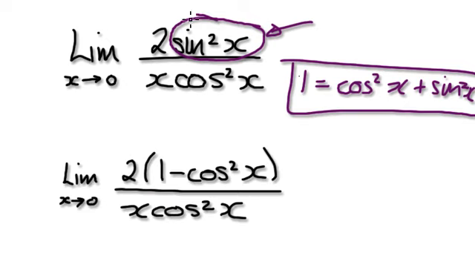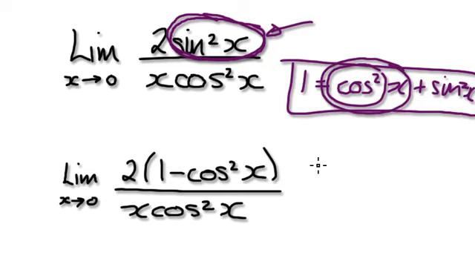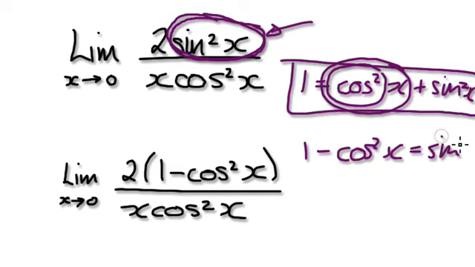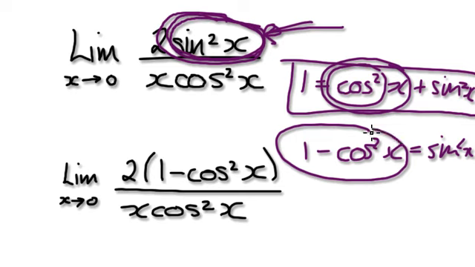I took away cos squared of x from both sides, so it will be 1 minus cos squared of x equals sine squared of x. Then I replaced the sine squared of x, putting that in here, giving me this.